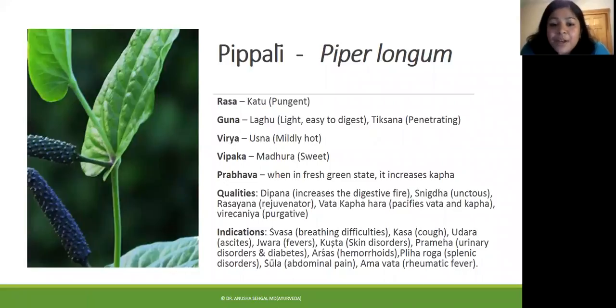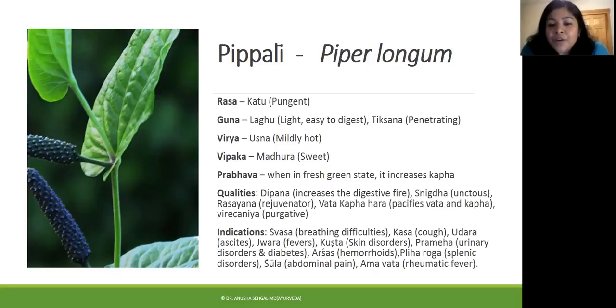And notice that the Vipaka, even though the rasa is Katu, should be Katu, but it's not. Because it's the fruit, it is actually Madhura. So that's one special quality of this, that it doesn't have that Katu Vipaka. That's the reason why it is not as hot as some of the other parts of the plant.